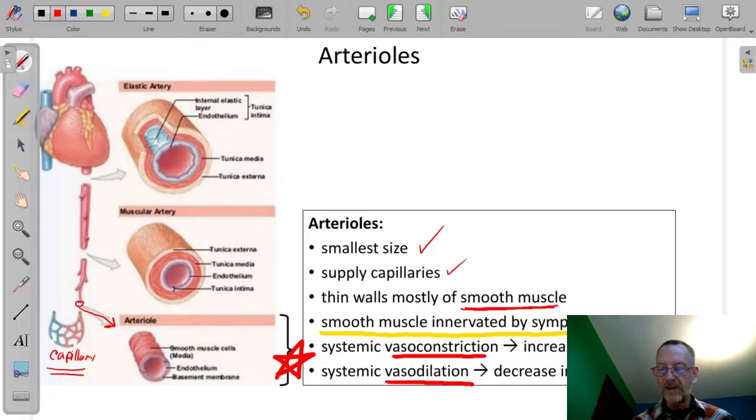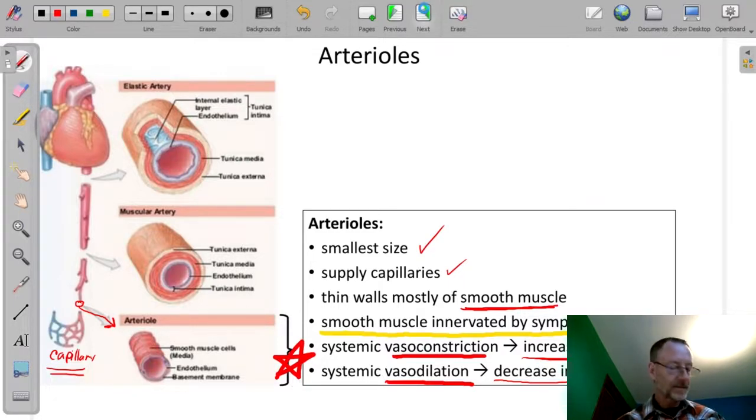Increased vasoconstriction, you're squeezing the blood vessels, you're squeezing the blood, and that causes the blood pressure to increase. If you dilate the blood vessels, you are squeezing the blood less, and the blood pressure then decreases. So vasoconstriction increases blood pressure.